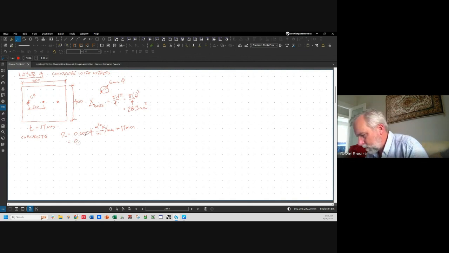Equals 0.0068 meters squared degree Kelvin per watt.